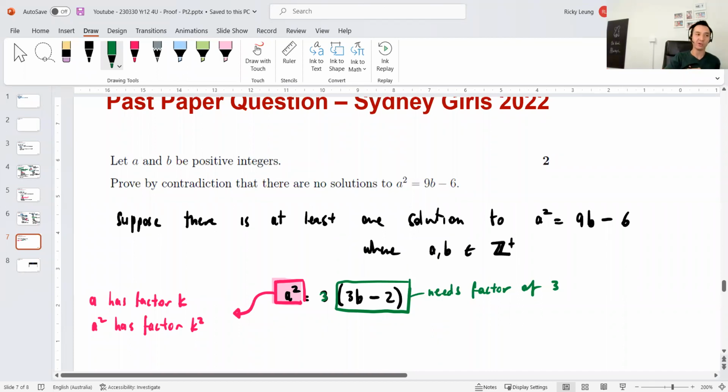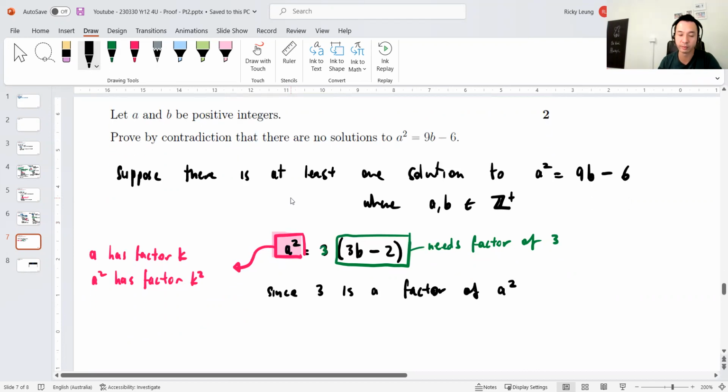So we can say, since 3 is a factor of a squared, 3b minus 2 needs to have a factor of 3 also.